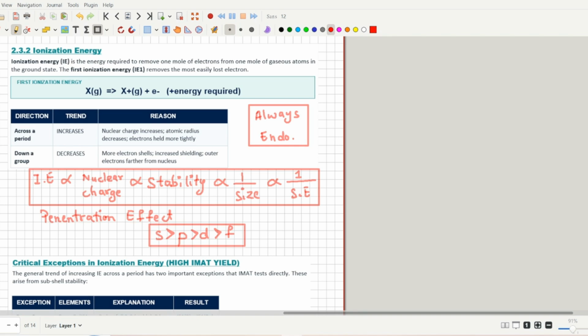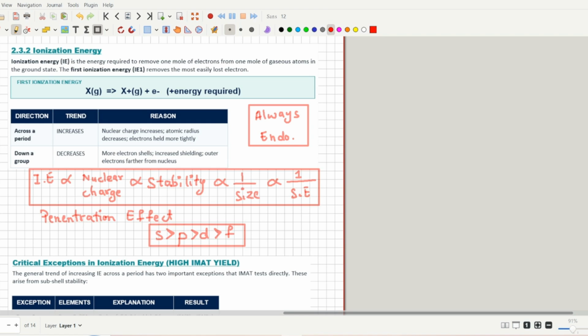The reason is that the S subshell is the closest to the nucleus. Then in the next shell you have P, in the next D, and in the fourth shell you have F electrons. So F is far away from the nucleus and S is closer. That's why S has the highest penetration effect and the highest ionization energy.